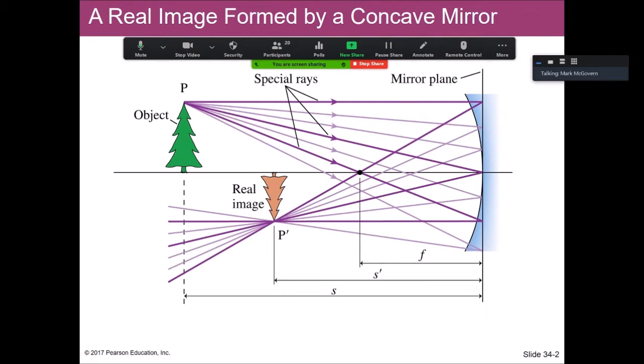So in this example, we're just considering the top of the object. Clearly, for the bottom of the object, the light is going to reflect off and really just come right back. So we expect the bottom of the object to end up on the optical axis as well. So we choose the top of the object as our point of interest here.